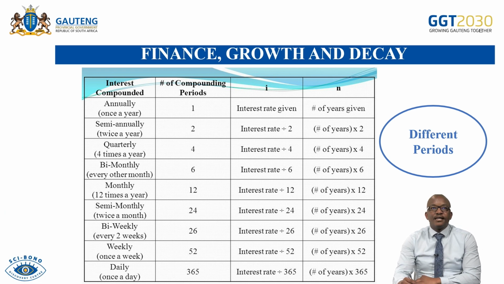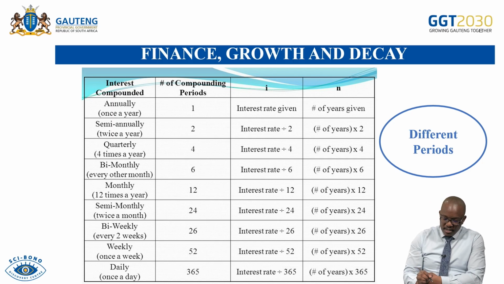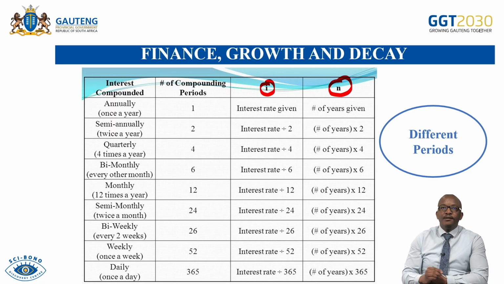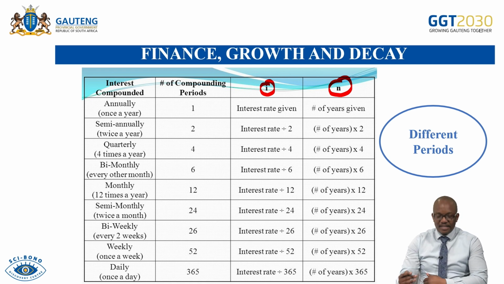We can see that we have a column there for interest compounded, and also showing in terms of numbers. And then now we can see that when we are dealing with the period that is affected by different periods, your I will be affected, and also your N, it will be affected. Remember, N is the number of years.